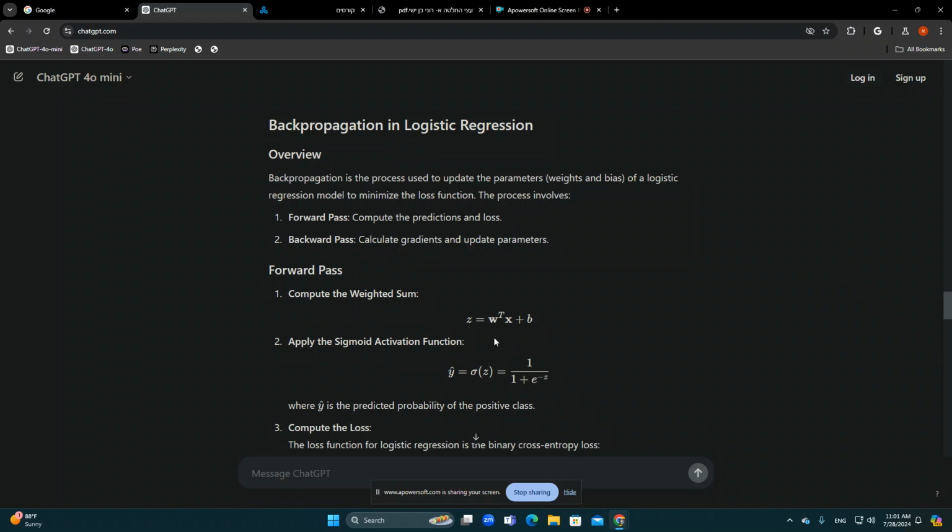And as you can understand, we need to train our model with data, and we are doing it using the backpropagation algorithm. We are updating our weights, and this is how we adjust the logistic regression.